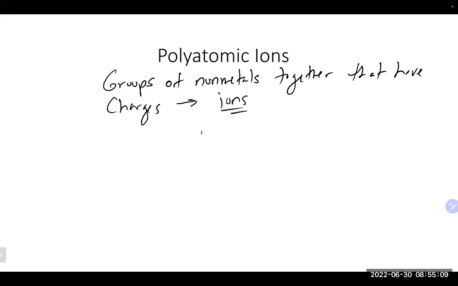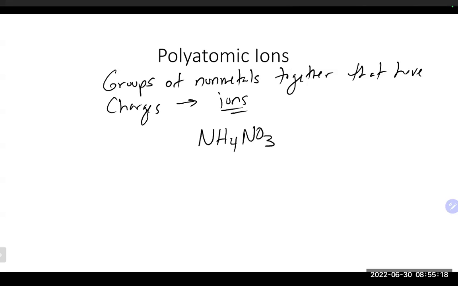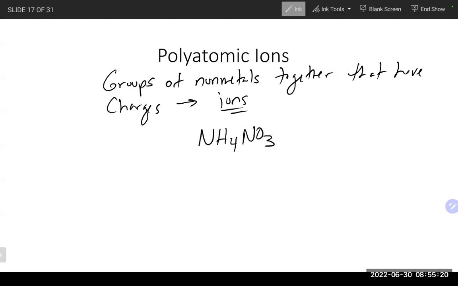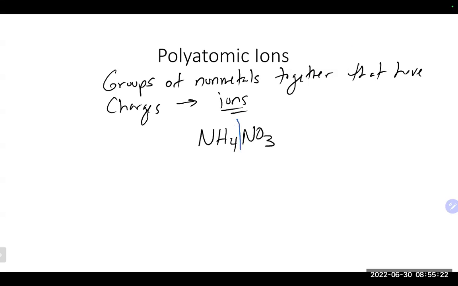So if we took something like NH4NO3 here, and if we took this guy and we broke it up right there in the middle, we actually have a couple of polyatomic ions. This guy over here is NH4 plus.